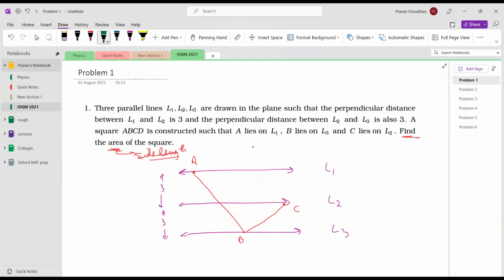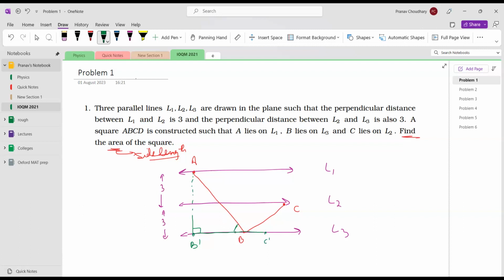Also, maybe some of you would be wondering why I drew the square tilted at an angle. The reason is, if you draw it like this, then you know that the angle ABC should be 90 degrees, right? So C would lie on L3 only. If you draw AB as perpendicular, then C dash should lie somewhere on L3, which is not true according to the question statement.